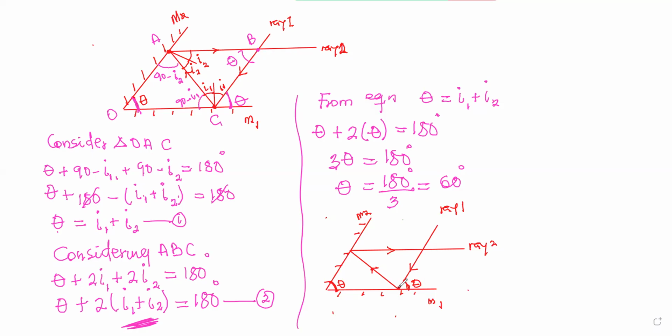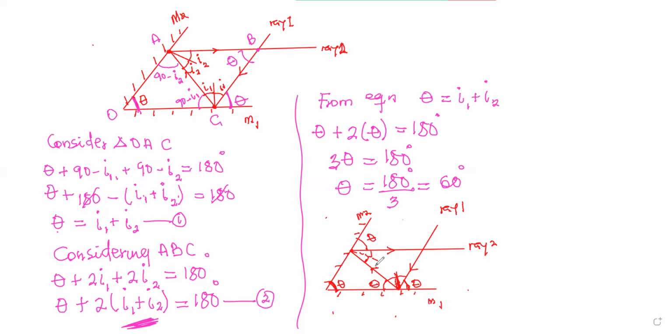Since there's the point of incidence, when we draw a normal, the angle of incidence will be equal to the angle of reflection. And so this angle here must also be equal to theta. If we draw a normal to this, the angle of incidence will be equal to this. And because ray 2 this time is parallel to mirror 1, this angle here must be equal to theta. Parallel lines have the same slope.